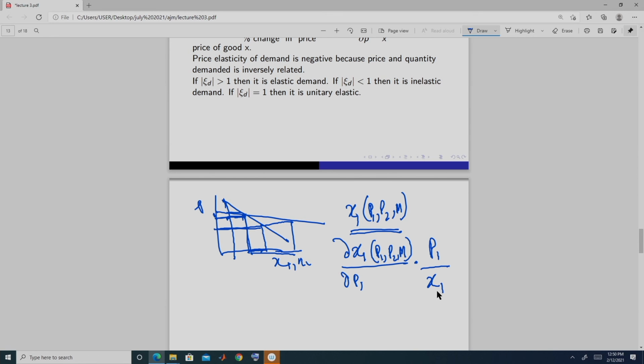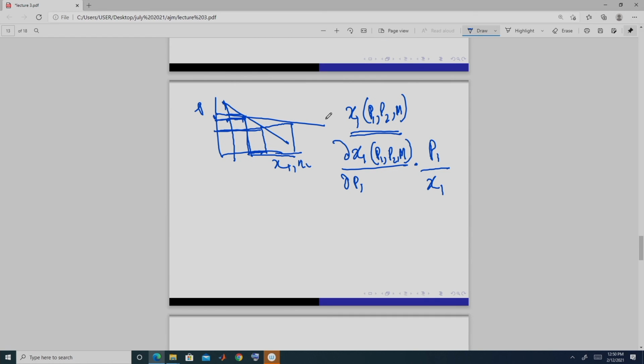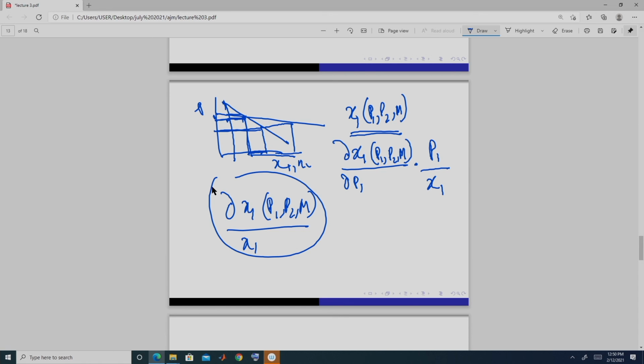Multiplied like this. So this term is the percentage change in quantity demanded, divided by this term, which is the percentage change in price.